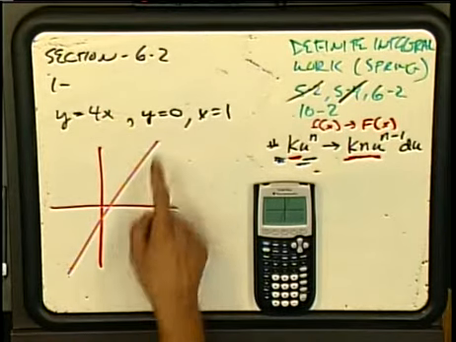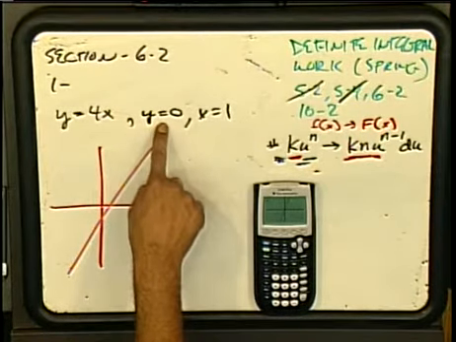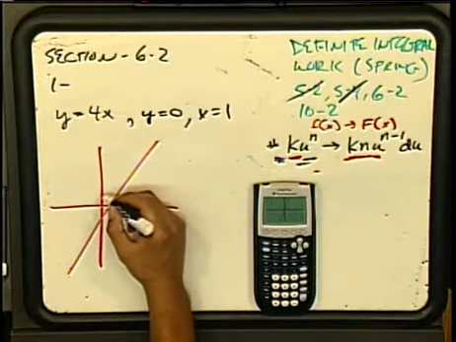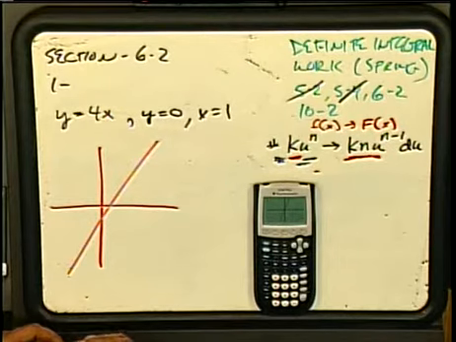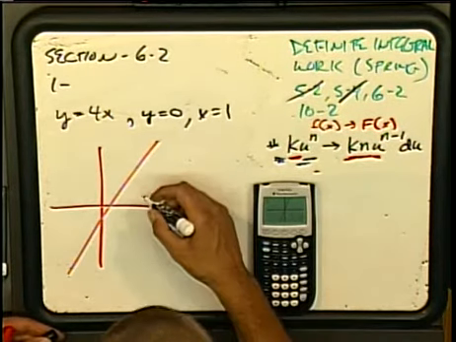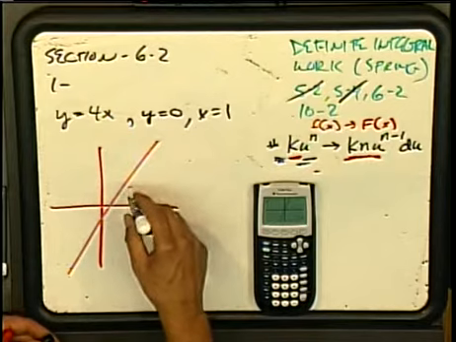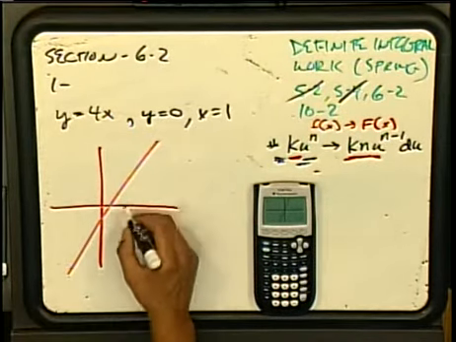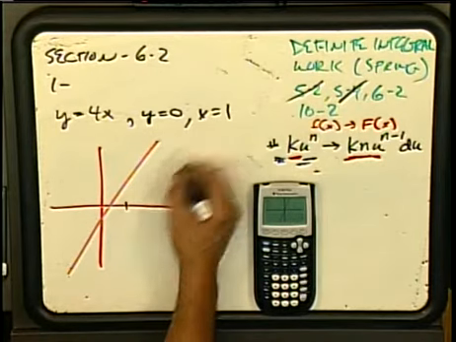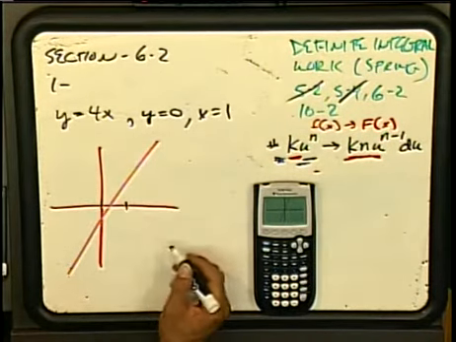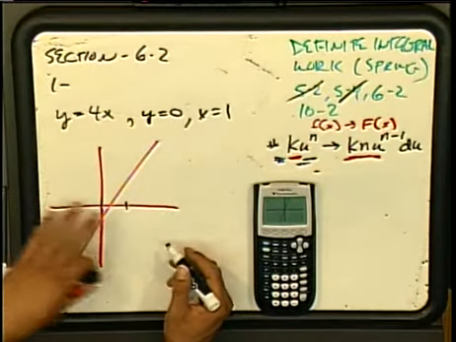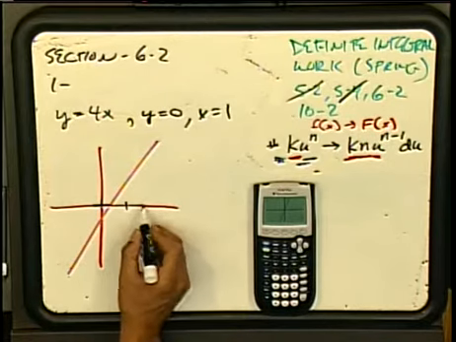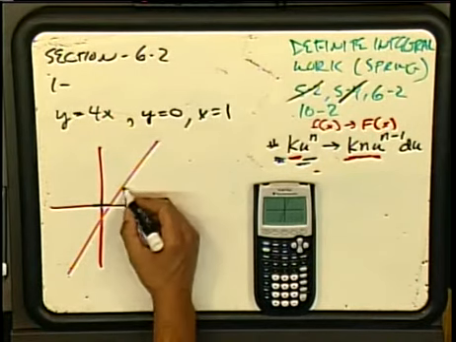I'm going to find y equals 0, which is right on the x-axis. I need to make that bigger. Okay, let's try this. This is x equals 1. This is y equals 0. And you've got the line going through there.